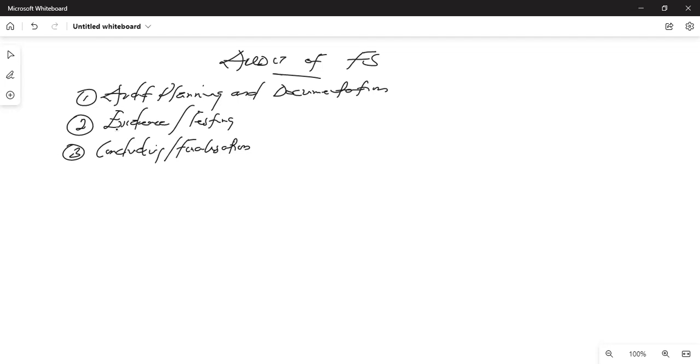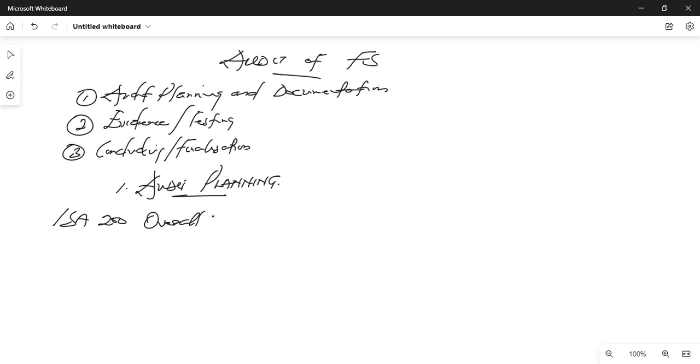Now let's start with audit planning. Before anything at all, we know that ISA 200 talks about the overall objective of the independent auditor in the conduct of an audit.